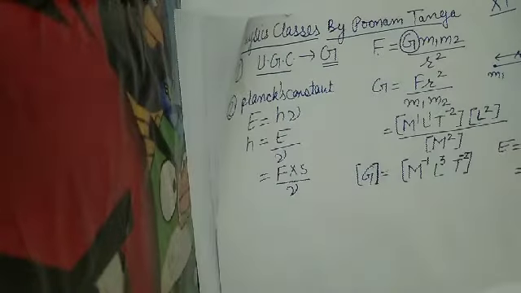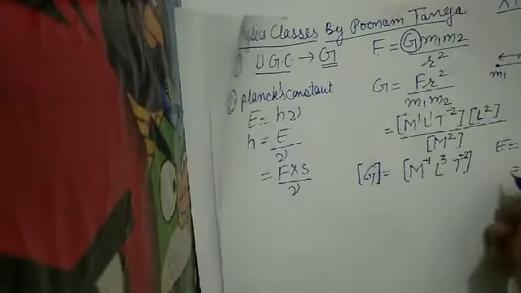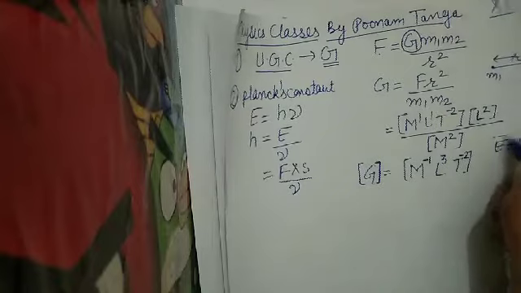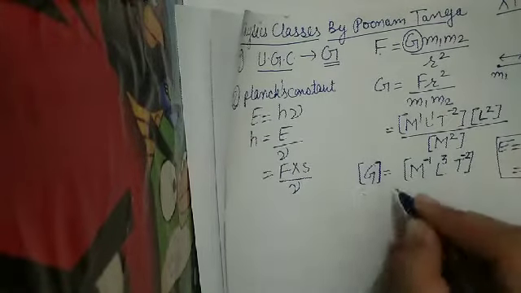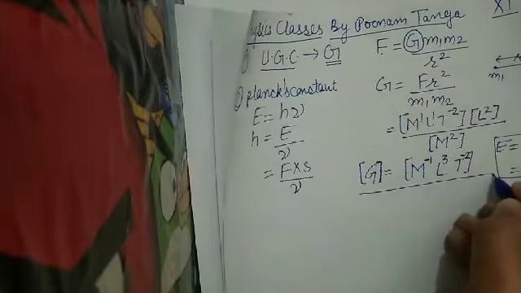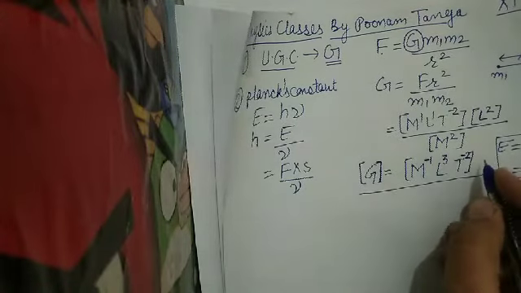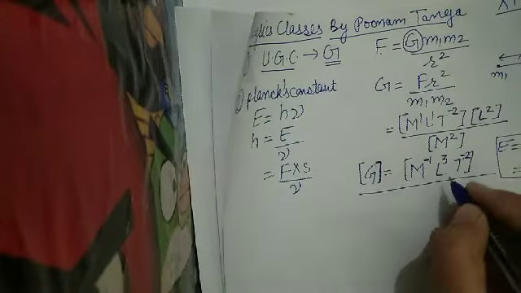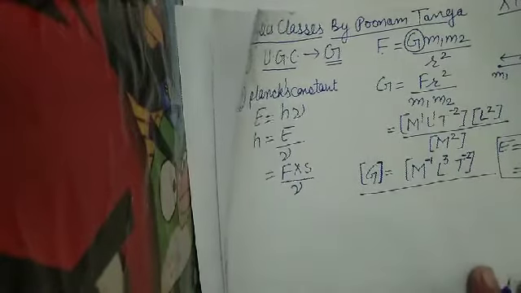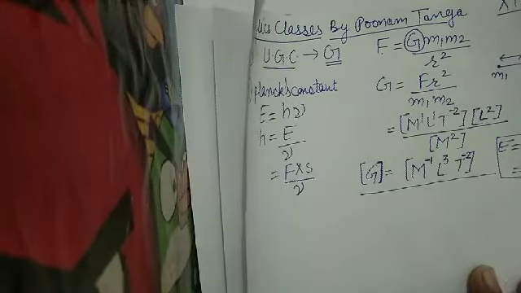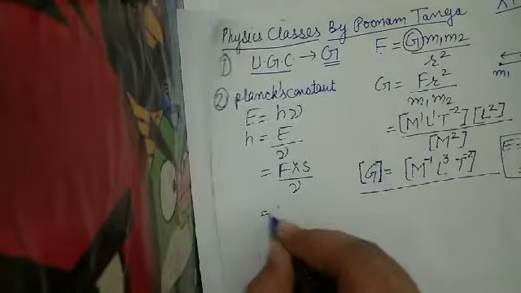Frequency is the reciprocal of time, because frequency means the number of waves completed in 1 second. So it is number per unit time, and its dimensional formula is T^-1.